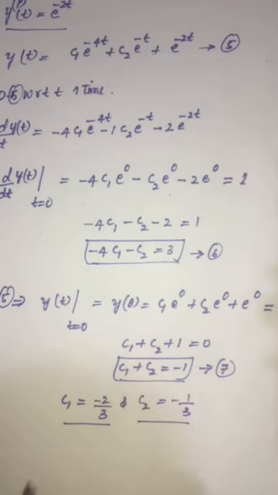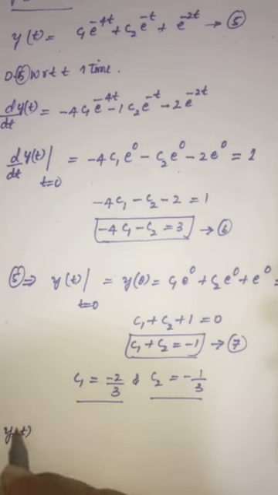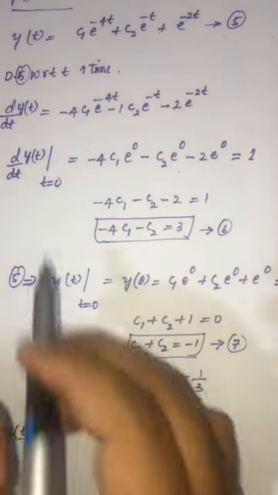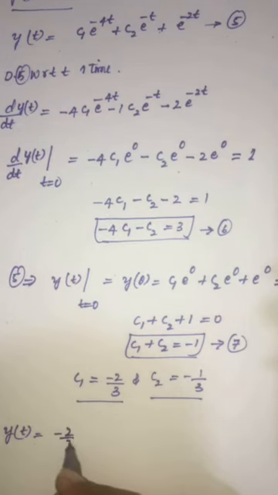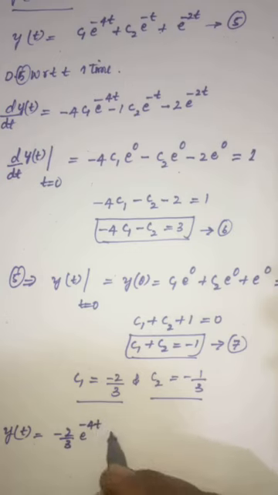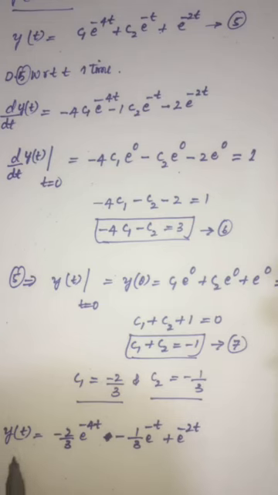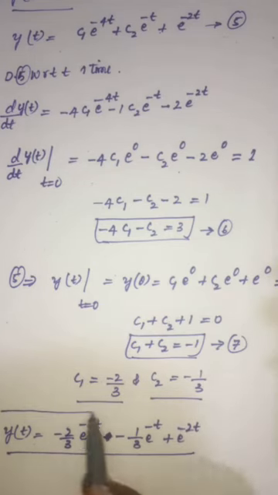These are the two values for c1 and c2. Now upon substituting, y of t is equal to c1 value -2/3 into e to the power of -4t plus c2, which is -1/3, e to the power of -t plus e to the power of -2t. Right, now this is the complete response.